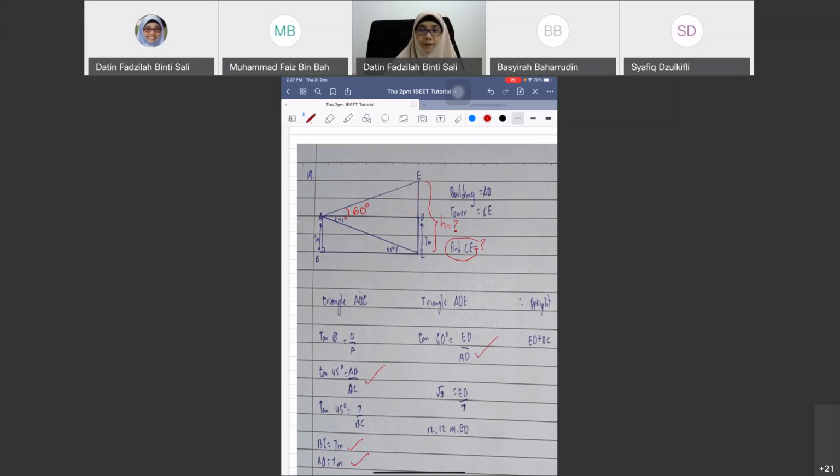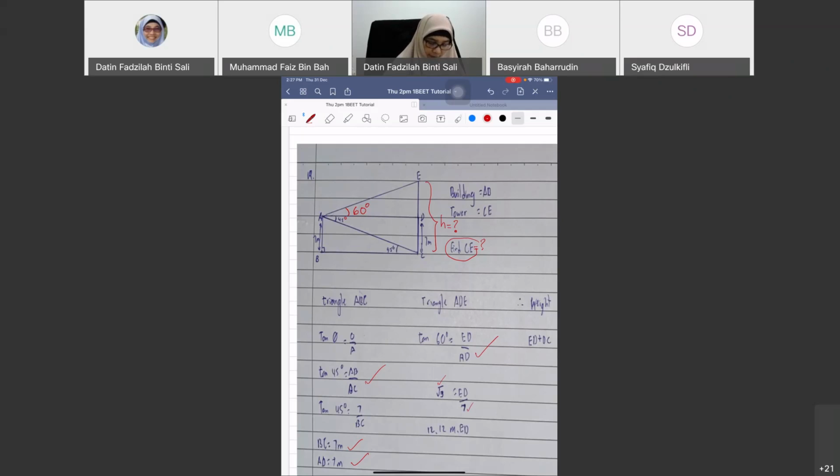Tangent 60 degrees equals ED over AD. Tangent 60 is √3, and AD is 7 meter, so you can compute for your ED.